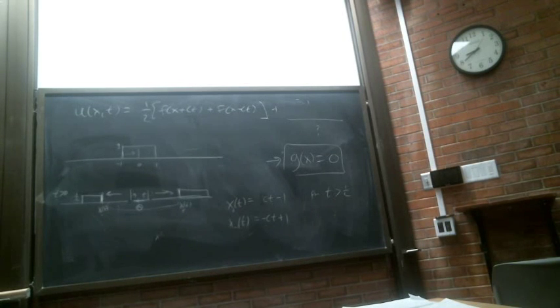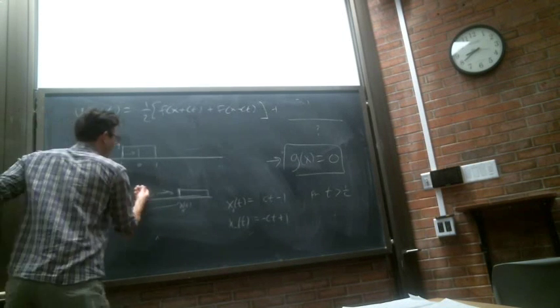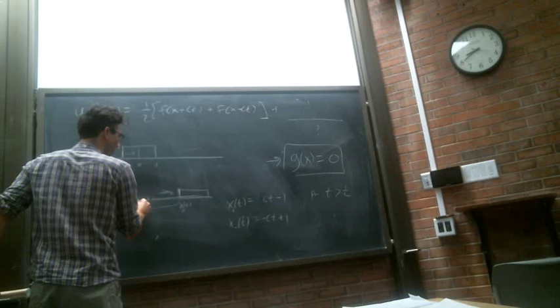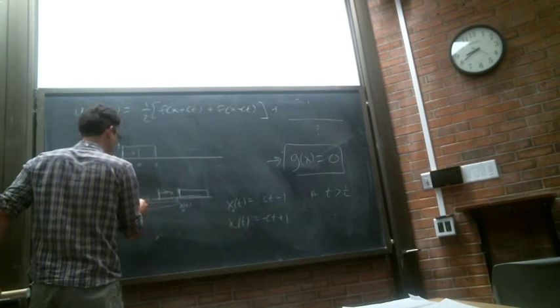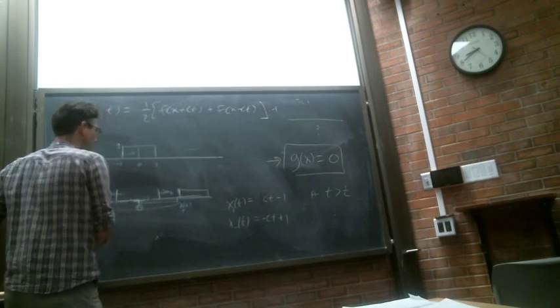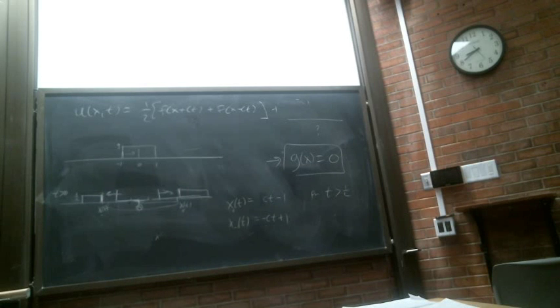Oh, wait, c over 2 times t, okay, that's right. This t needs to be up here. I read it wrong. There we go, that's better. This is still true, but if this went this unit in distance, this has gone half that, give or take a unit of time. So I think g equal to 0 should do it, right?